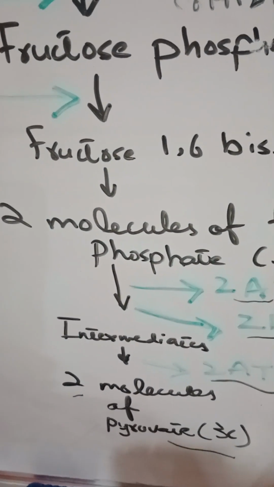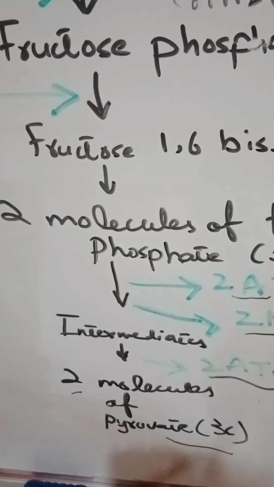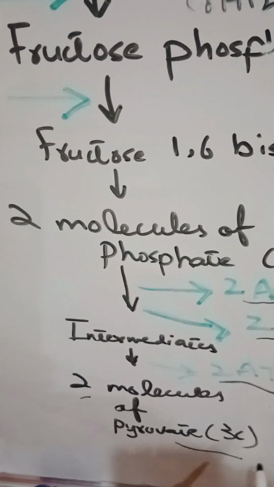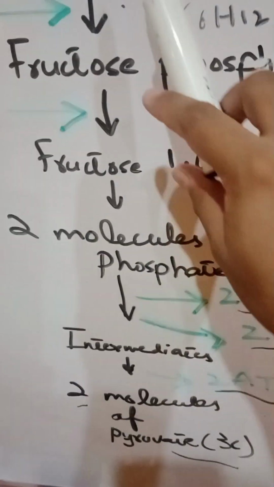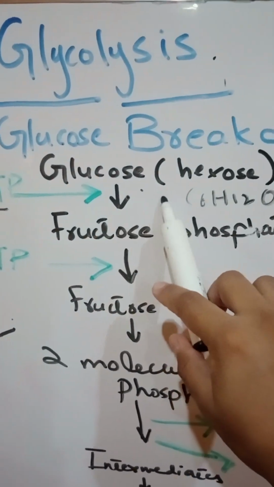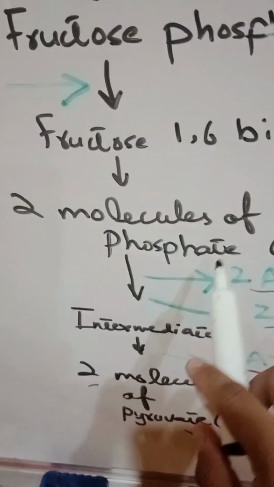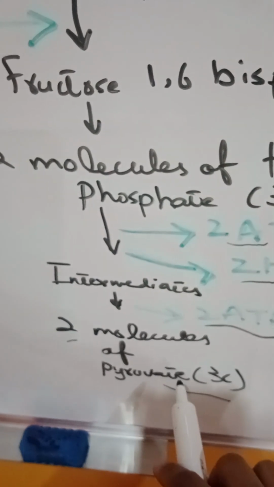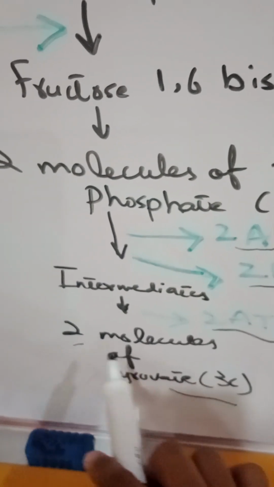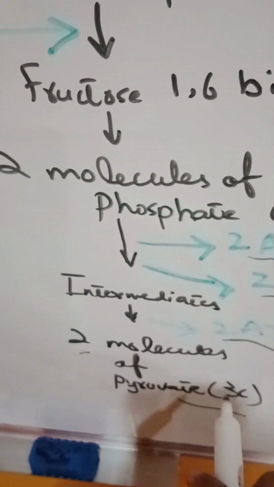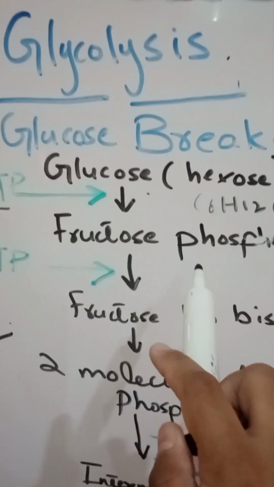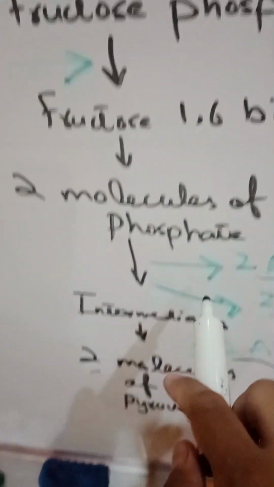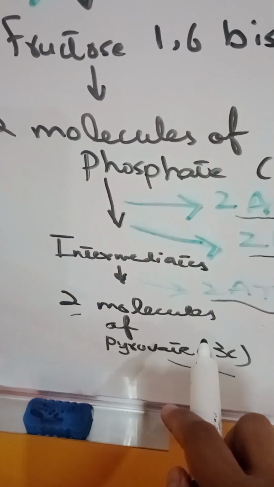Again you can see 3 multiplied by 2 is 6. 1 glucose, which is 6 carbon, is broken down into 2 molecules of pyruvate. 2 multiplied by 3, 6 carbon. The configuration which was at the start, which is the 6 carbon, is the same in the end products.